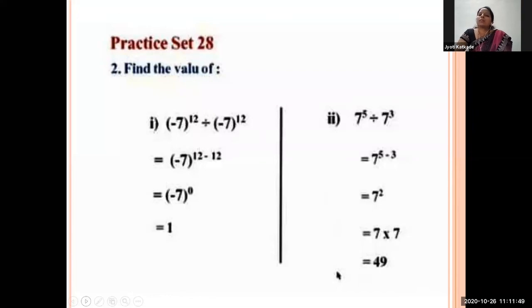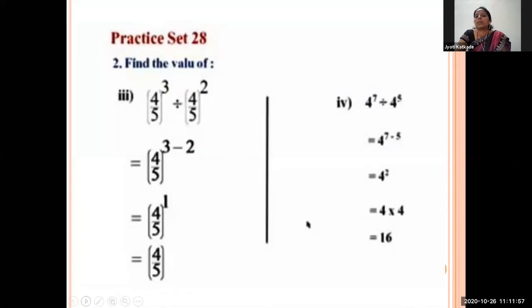Okay. See the next third example from this question. Find the value, that is 4 upon 5 bracket raised to 3 divided by 4 upon 5 bracket raised to 2. Means here the base is 4 upon 5 and the powers are 3 and 2.